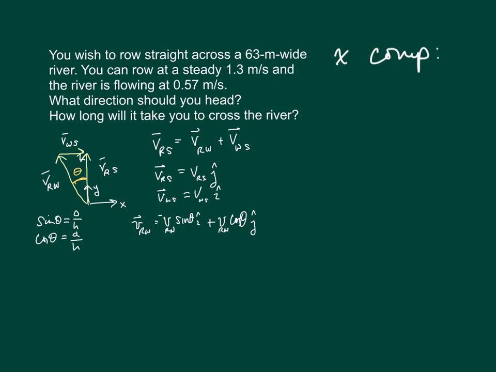So that will give us then, and let's go back just to be clear. What's the x component of this vector? Well, this is the rower with respect to the water. It is going to go in this position, so that's this guy. But the vector of the rower with respect to shore, right here, has no x direction, so that'll be a 0.